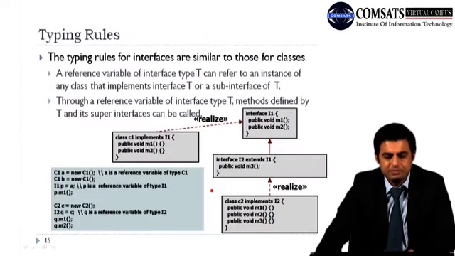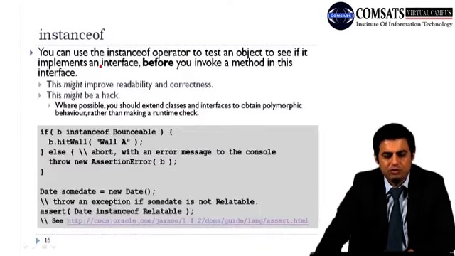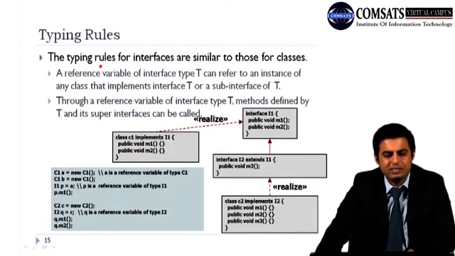Before going on to the example of handling these exceptions, if you look at the type rules, now we have this diagram in which we have interface I1, and it has two methods, M1 and M2. There is a class C1 that is implementing I1.